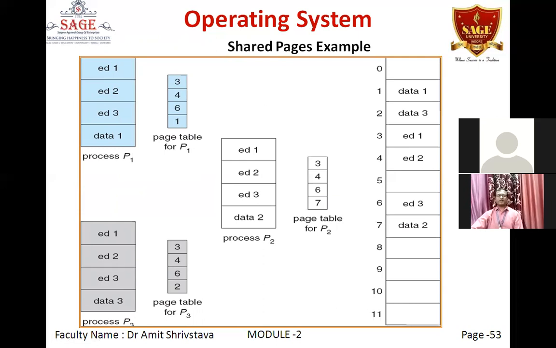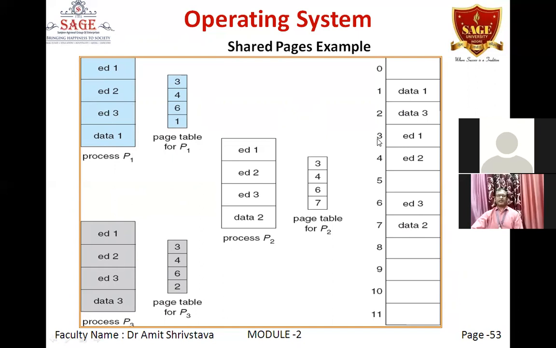Reentrant code is not changeable. The only thing changeable here is the data of the user. So there are 3 sets of data. What we do is place these 3 data on 3 different frames, but MS Word is kept only at one place, and the page tables of all the processes will point to these particular frames.